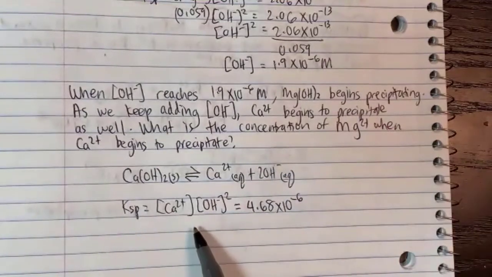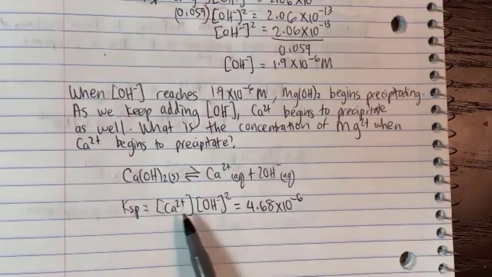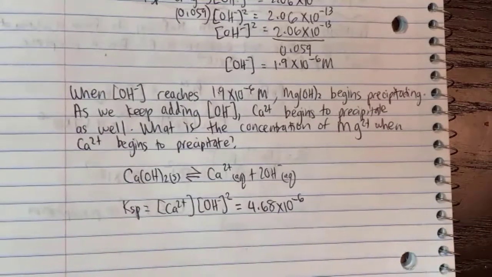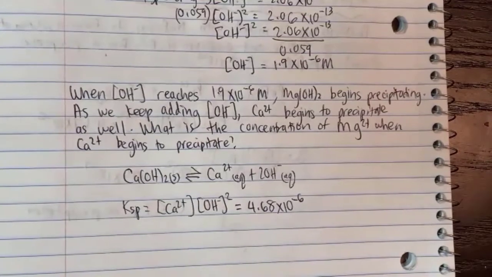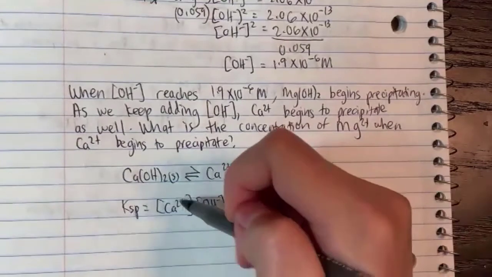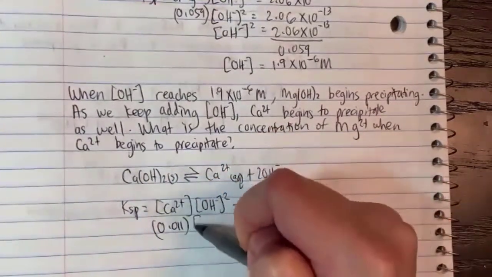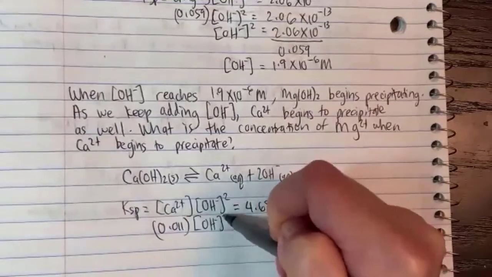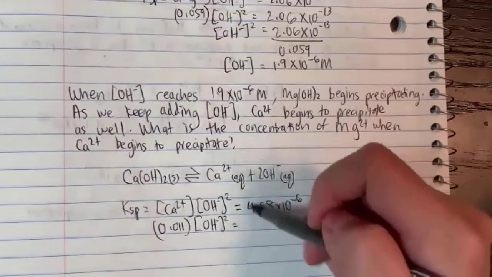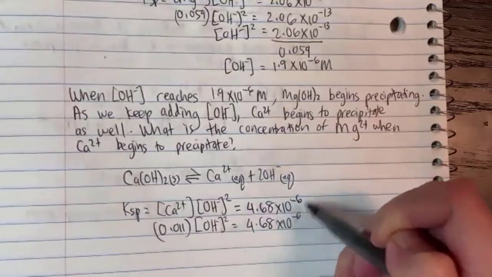So we'll do the same thing. We find out what the hydroxide is, put the calcium in from the seawater sample. We'll find out how much hydroxide we need for calcium to start precipitating. So let's do that. Calcium was 0.011 from the question. Hydroxide is what we're trying to solve, equals the Ksp for calcium, which is given as 4.68 times 10 to the minus 6.